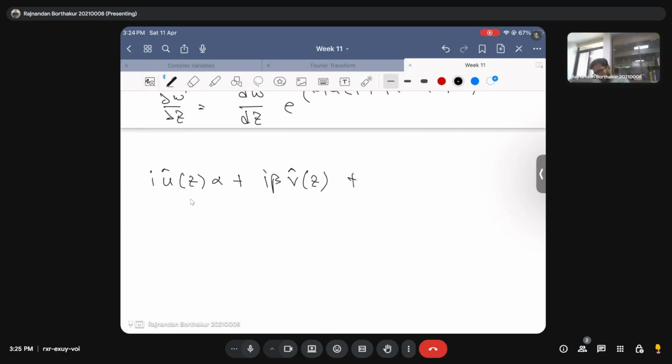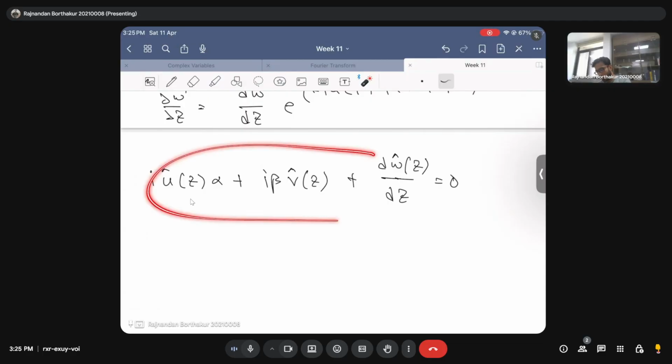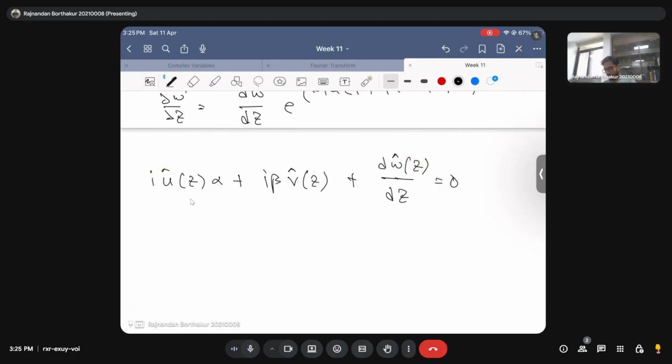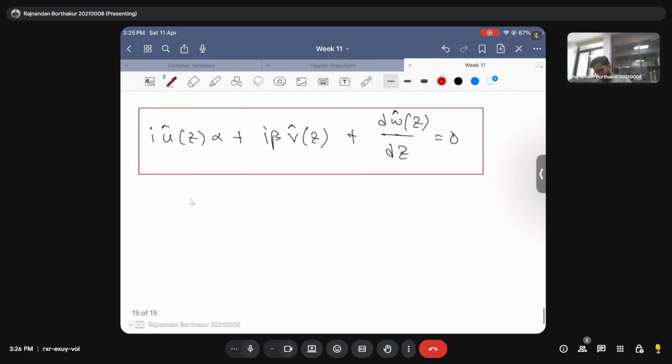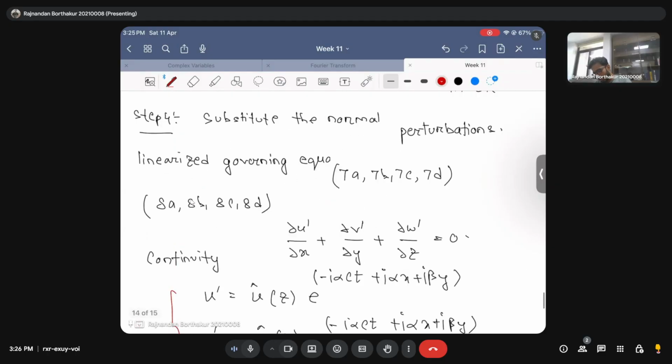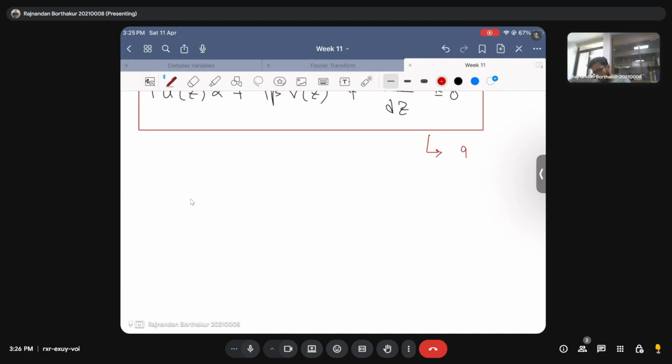Plus d of w hat, which is a function of z only, by dz equal to 0, because the exponential term would be common to all the terms, and it itself cannot be 0, which means that you can cancel the exponential term. So this is the continuity equation upon substituting the normal modes. Maybe I will write down this equation as, let's say, 9a.